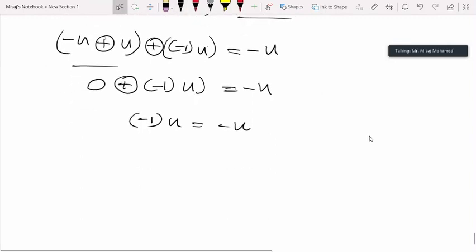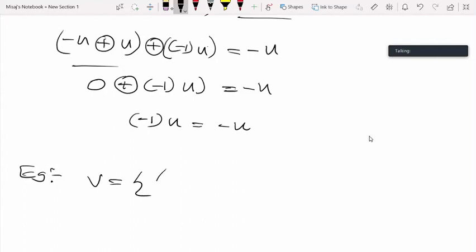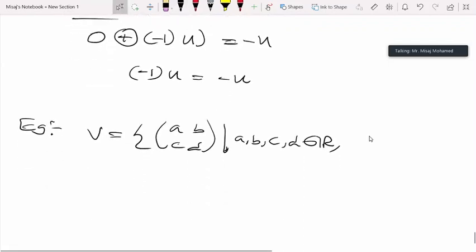Okay, that's the vector space. Another example I will give. V is equal to the set of 2 by 2 matrices with entries A, B, C, D, where A, B, C, D are real numbers and AD minus BC, that means the determinant, is equal to 1.